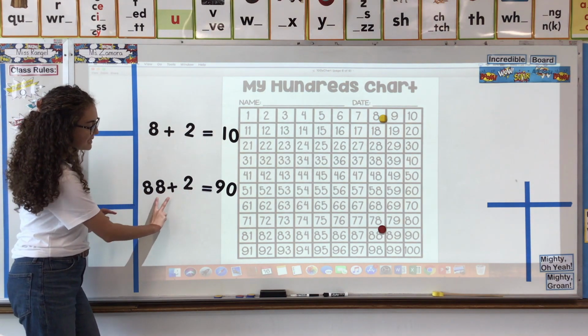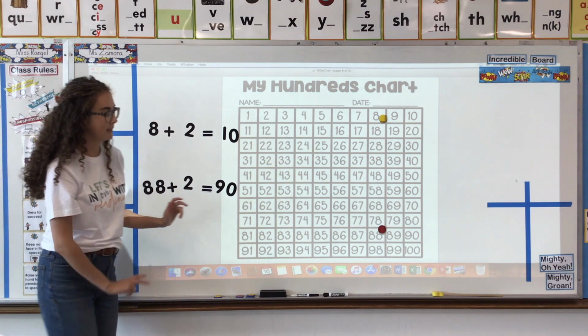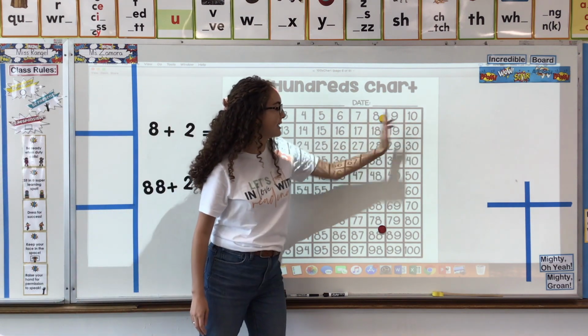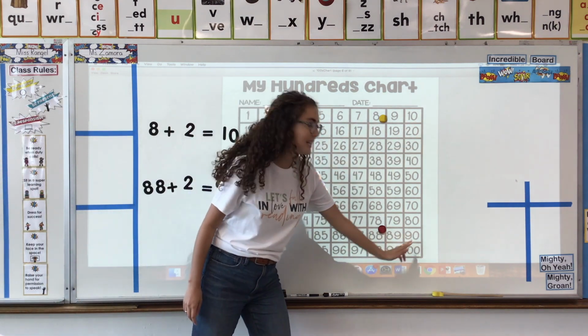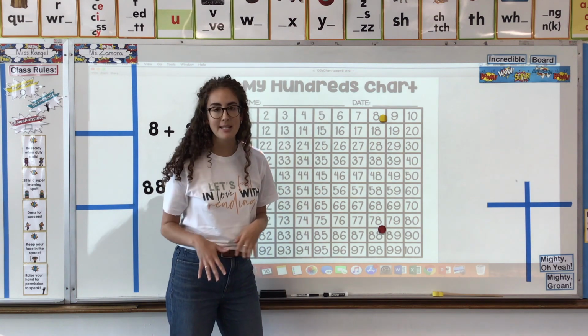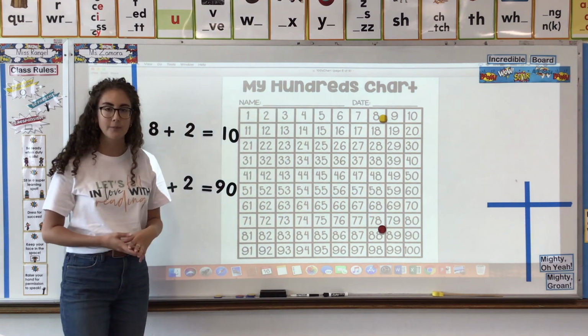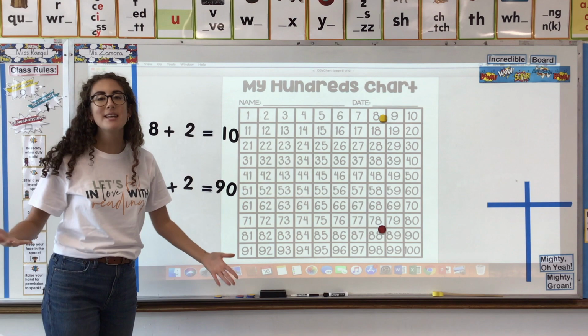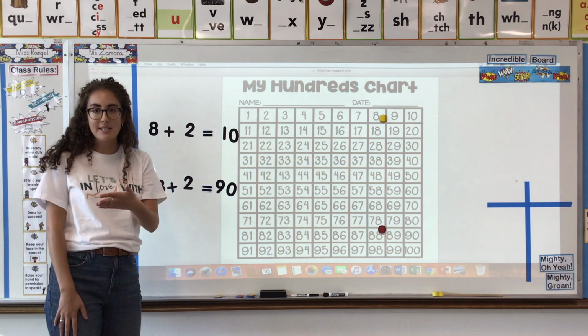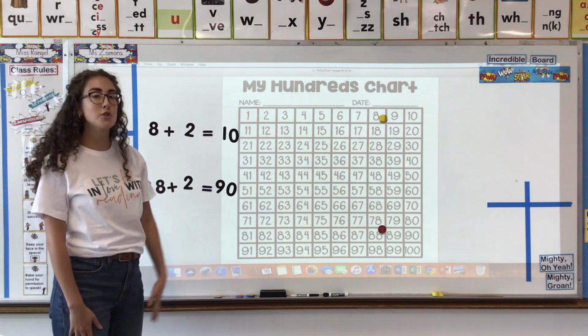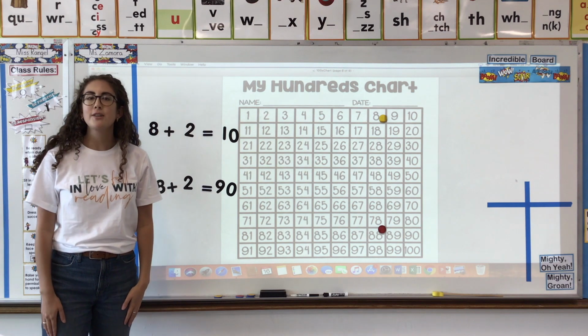You can still see the pair in this equation. Because from 8 to 10 and 88 to 90, it's the same distance we need to travel.